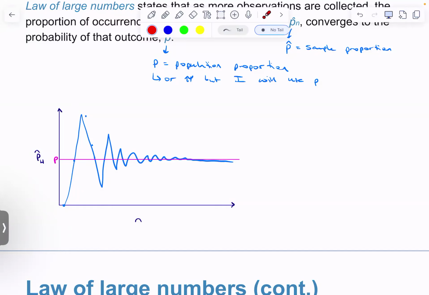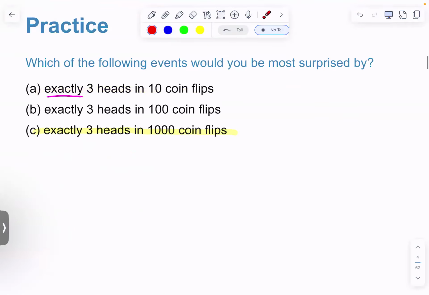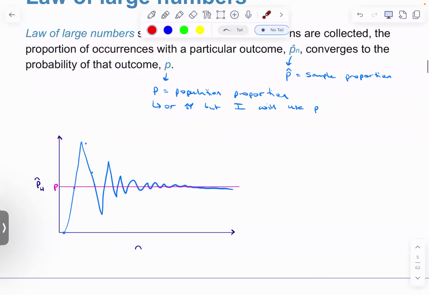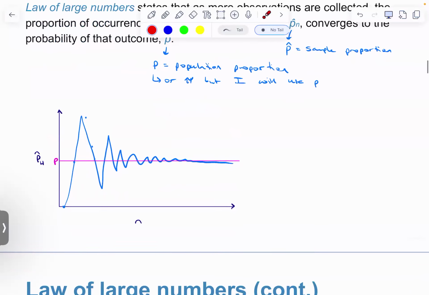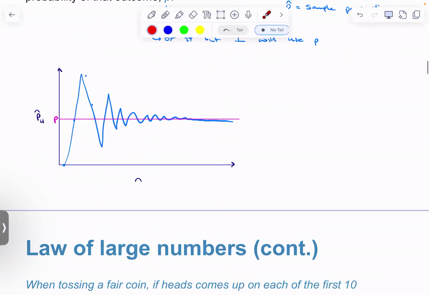It depends on the number of flips. And that's what we were getting at here: exactly 3 heads in 100 coin flips. All of a sudden, you're expecting 50 heads, and you're only seeing 3. So that feels a little bit off, and it's because of the law of large numbers. That's not something I need you to know. It's just trying to explain the background of probability.